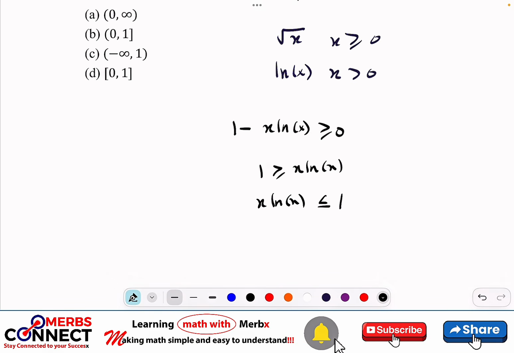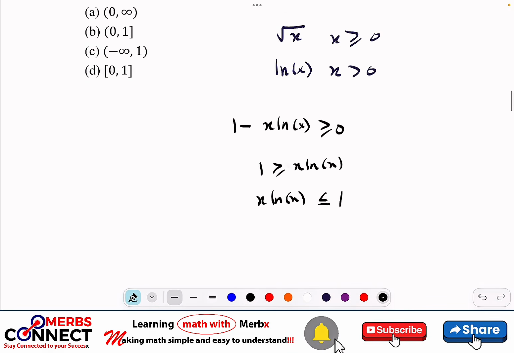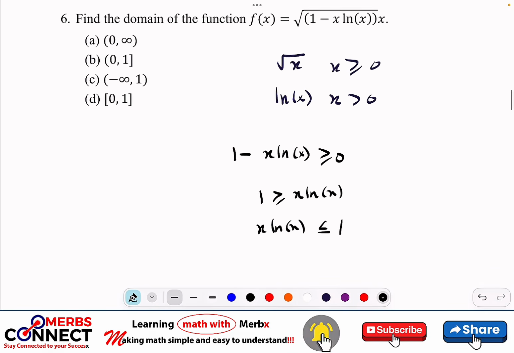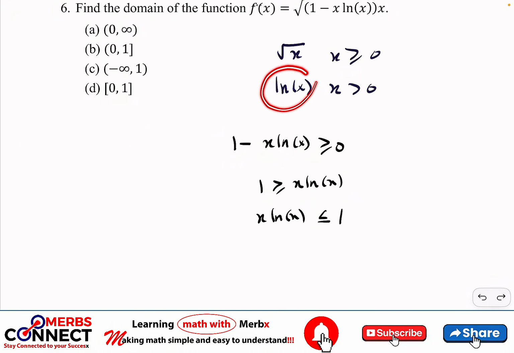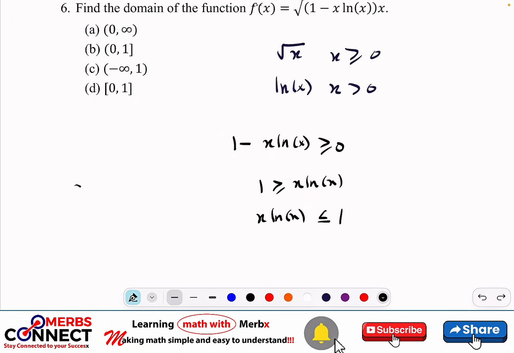So now remember here, we want to find the domain. We want to look at the x values, where we can take the x values. Now remember, we are saying that from here, x should be greater than 0 already, right? I mean, x should be greater than 0. And remember, as x is increasing, this will be bounded by 1 because of the ln function here, right?